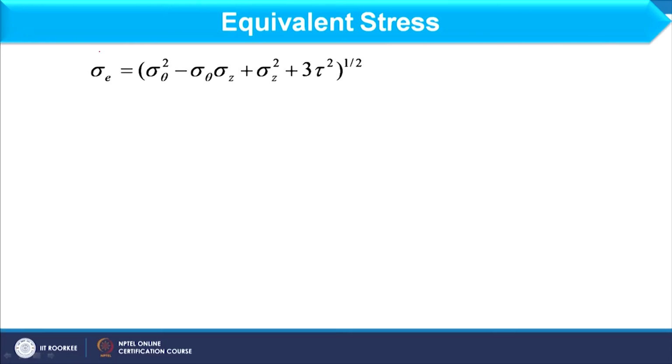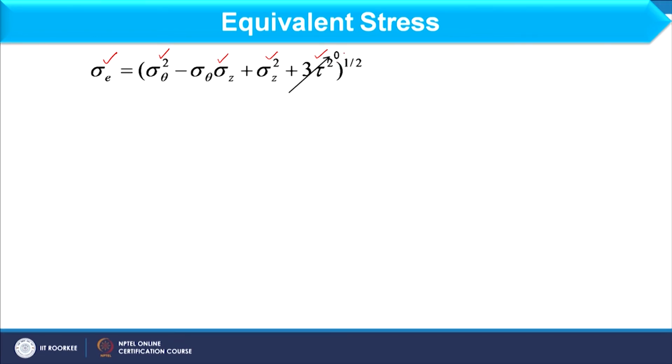Now, we will consider the equivalent stresses in the shell. So, as far as equivalent stress is concerned, that can be given by this sigma E, which will be equal to sigma theta square minus sigma theta sigma z plus sigma z square plus 3 tau square, okay, and whole power 0.5.